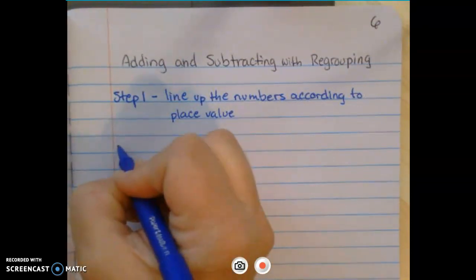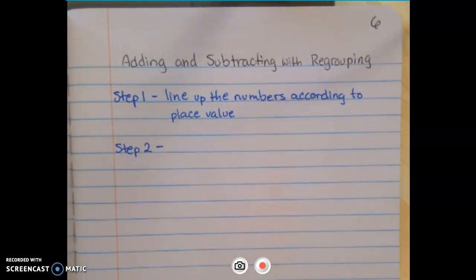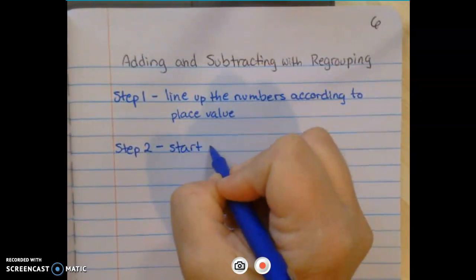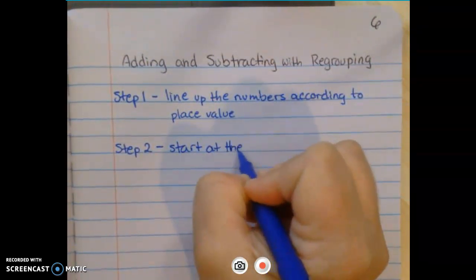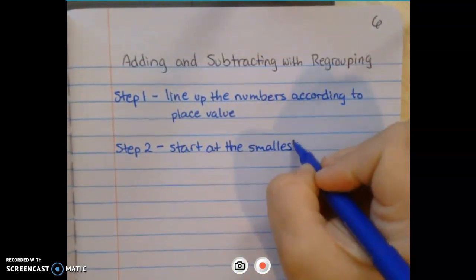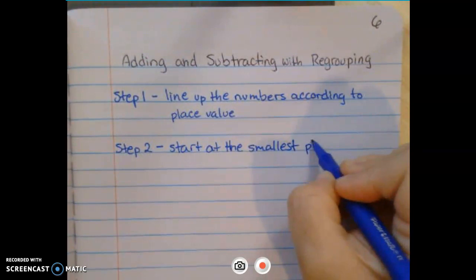Our second step is to start at the smallest place, which will always be our ones place when we're working with whole numbers.